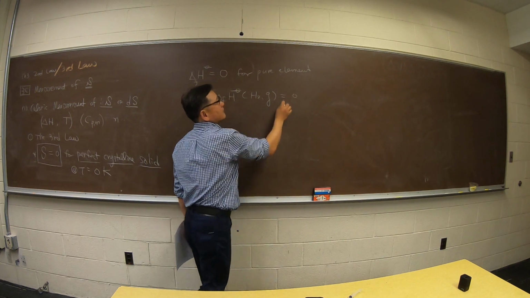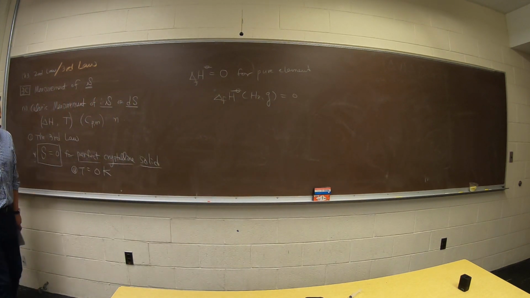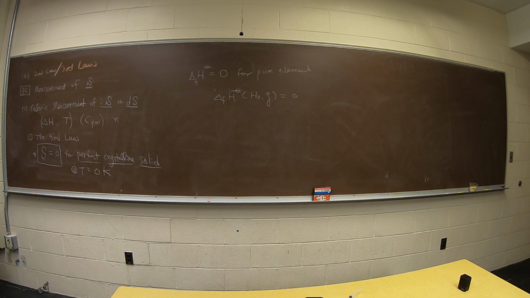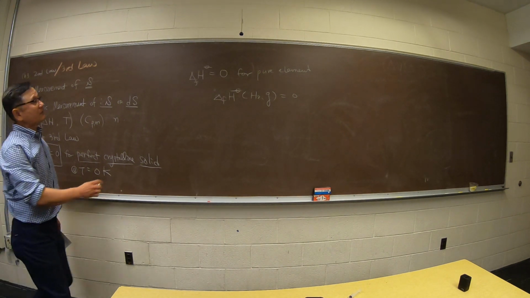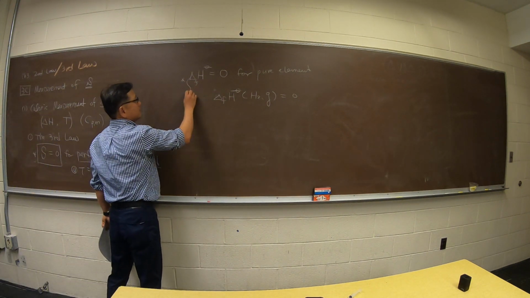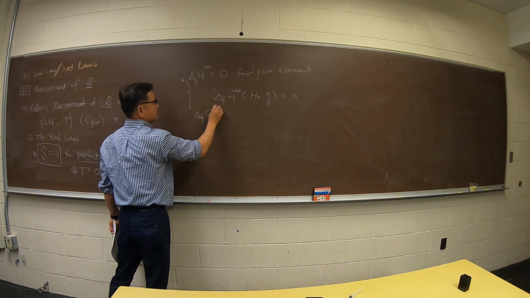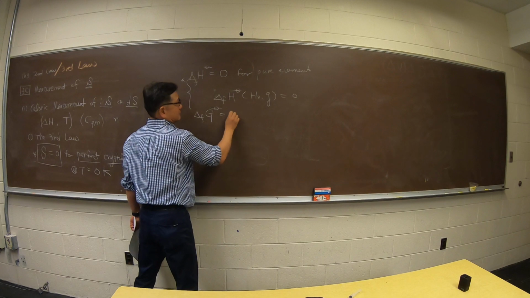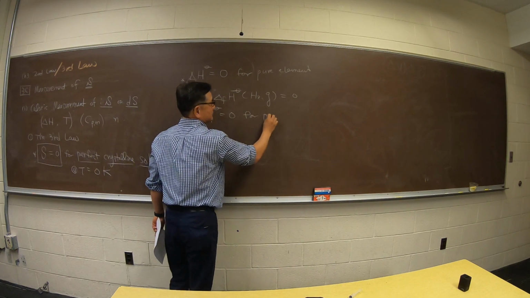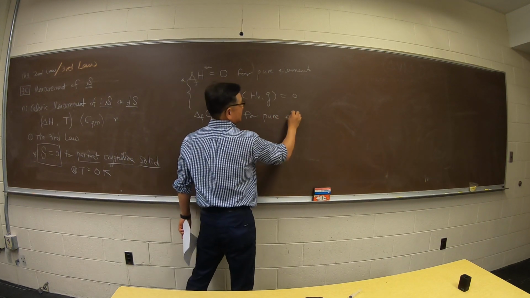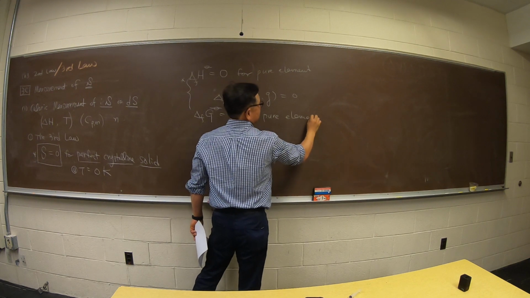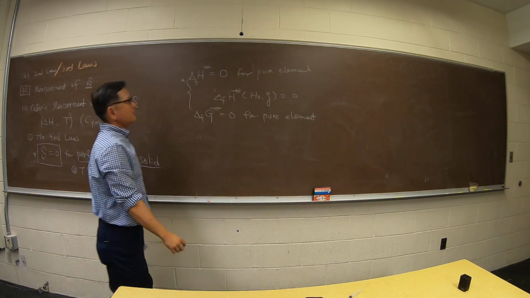We happily know that, and that has been very useful for us to calculate heat of reaction. This one is not attainable. This one is attainable, and it has a reference point. You will also learn that the Gibbs free energy of formation will be 0 for pure elements. That is coming later on too. I just want to give a heads up on that.